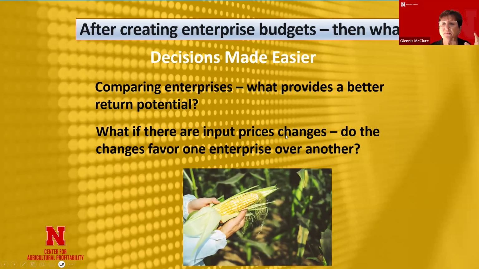And then also, what if input prices change? So when I'm budgeting, I might budget fertilizer at a certain cost, and I see that changes. A few years ago, after we were coming out of COVID, we had some major changes in some input prices. We had things fairly low, and then things just really jumped up.